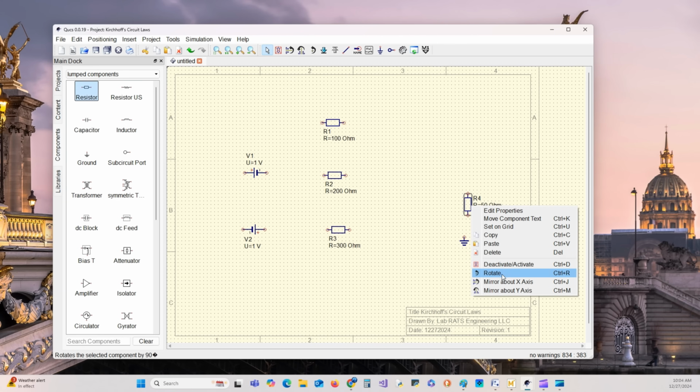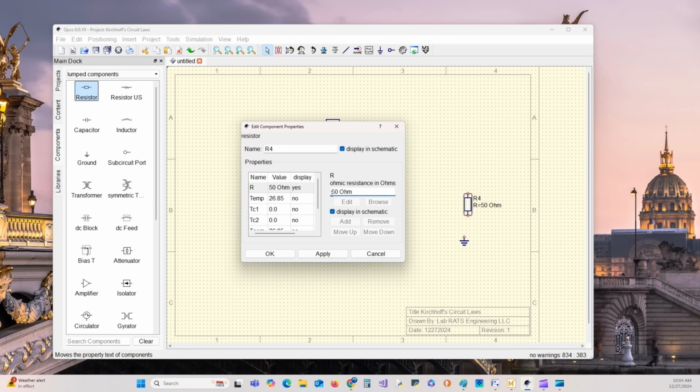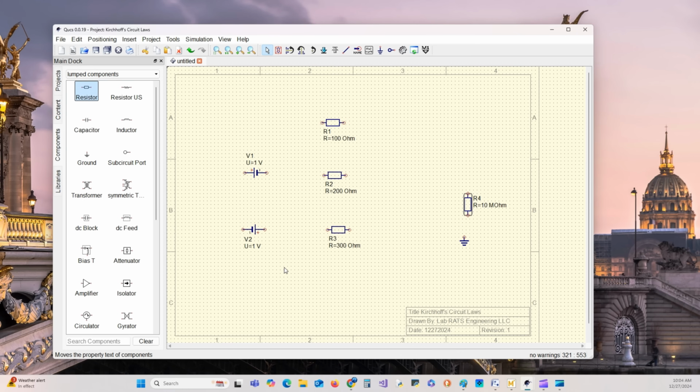R4 is going to be 10 meg ohms. Let's see if it takes that. It did. All right. So now we'll wire wrap the circuit.